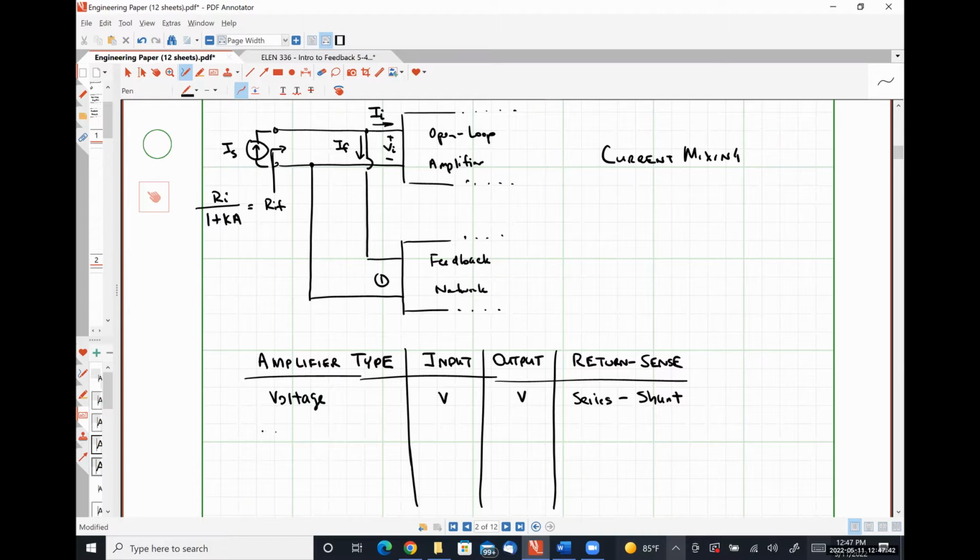Then we have a transconductance amplifier, where the input signal is a voltage, the output signal is a current, and we call this a series feedback topology.